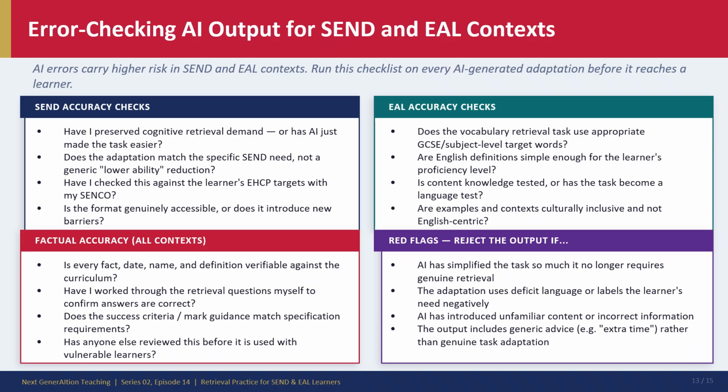I want to be specific about the last red flag. Generic advice is not adaptation. Give this student extra time is a reasonable adjustment, but it is not a retrieval task adaptation. What we're looking for is a task that is redesigned in its structure, its format, or its language demands, not one that simply allocates more time for the same inaccessible task.